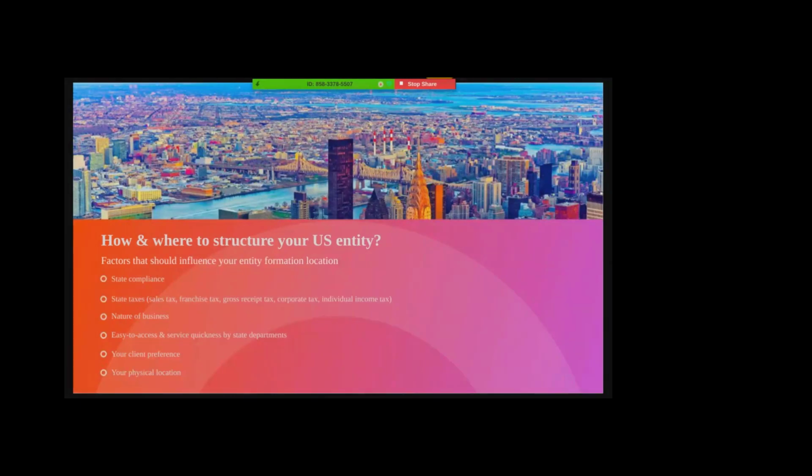And one more question, Mukund, before we move forward with your slides. Can a non-resident open an LLC if you aren't aware of any person through whom you can pay the taxes? So how would you pay the taxes in case you are opening an LLC when you are not a resident of the country?